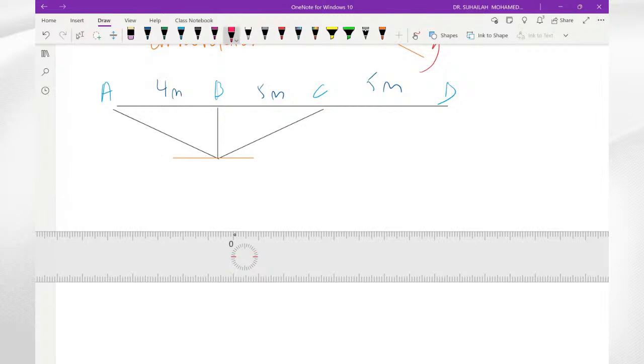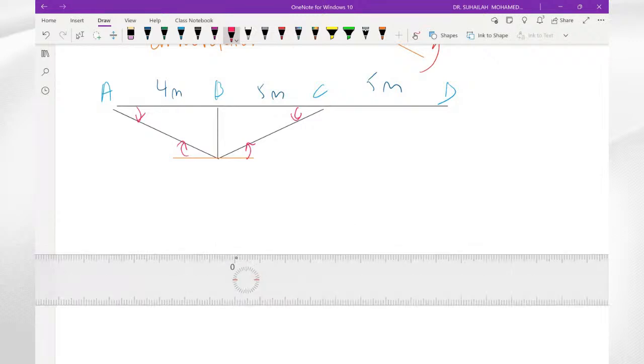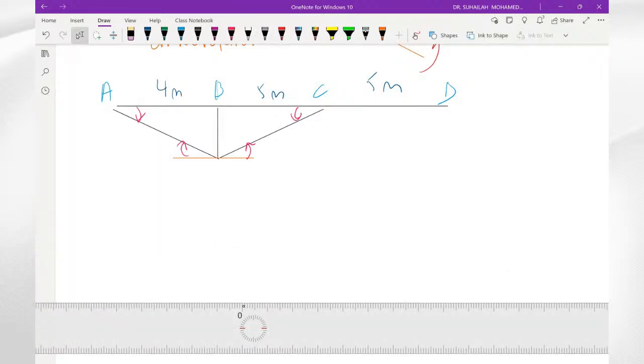For AB, the angle is positive for both, and for BC, the angle is negative for both. So AB angle is positive.